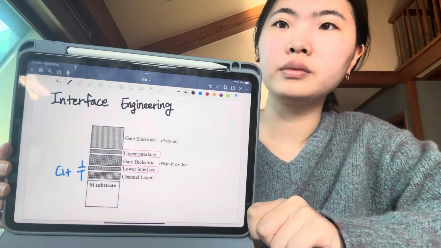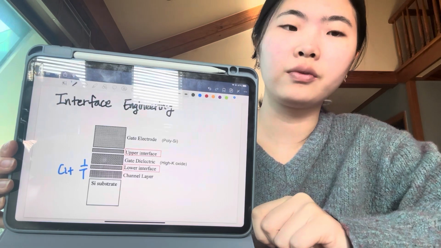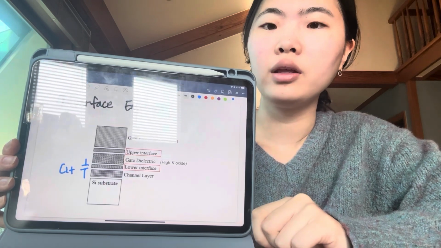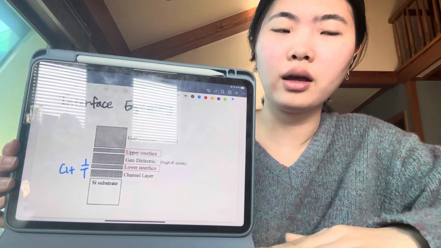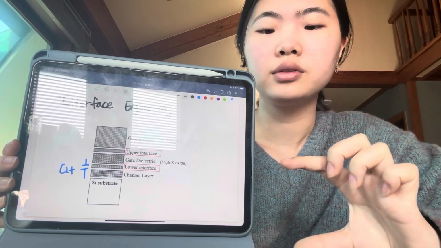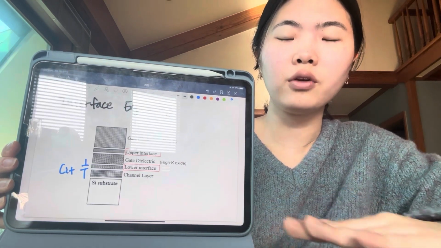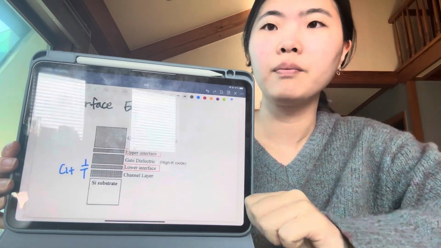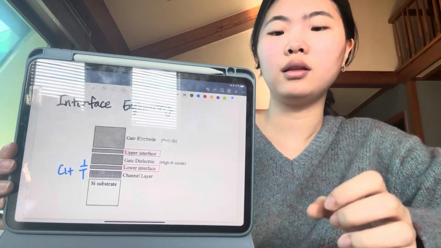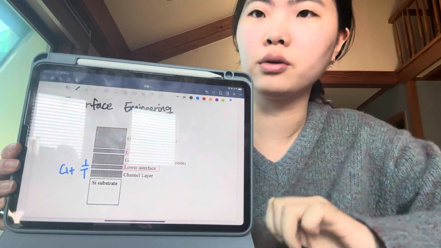And then the interface engineering. This is a very important part of the semiconductor, because we should put another material between the layers, so we make a different layer each time. So an interface is made between materials.